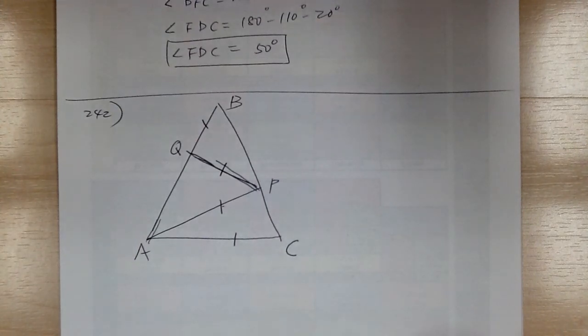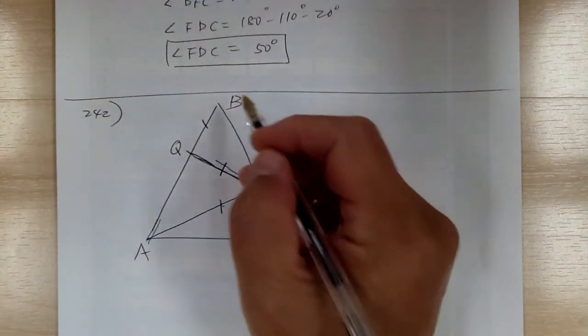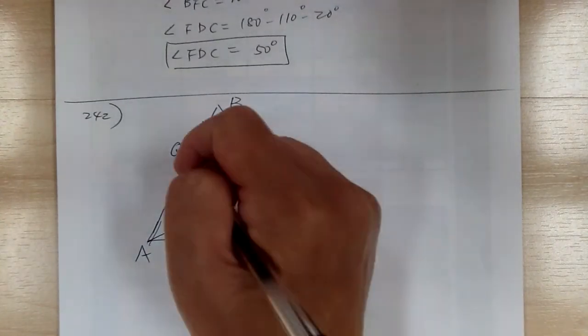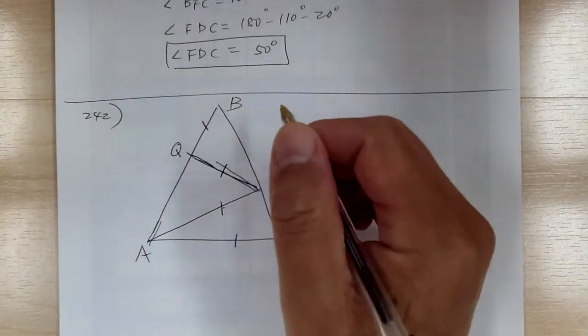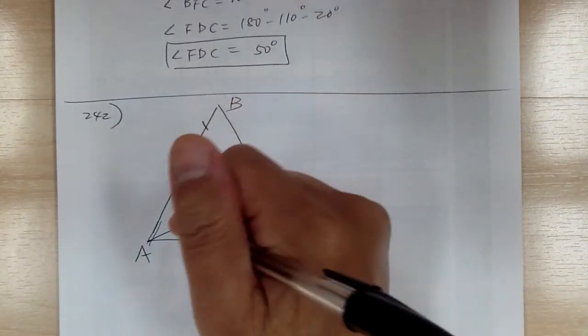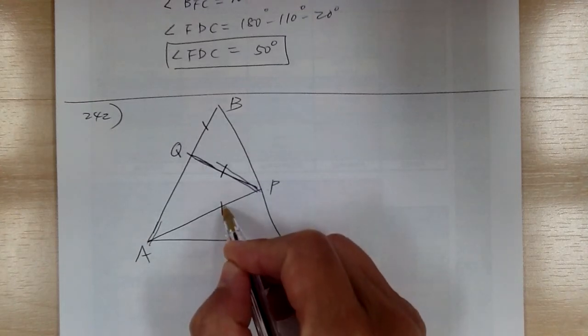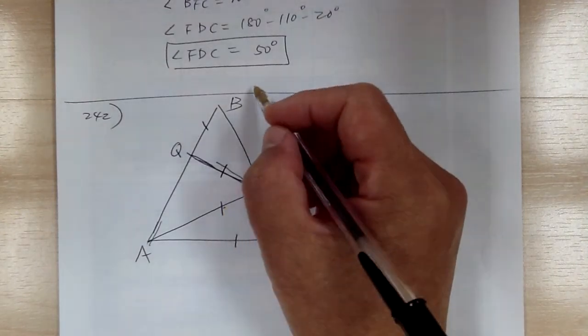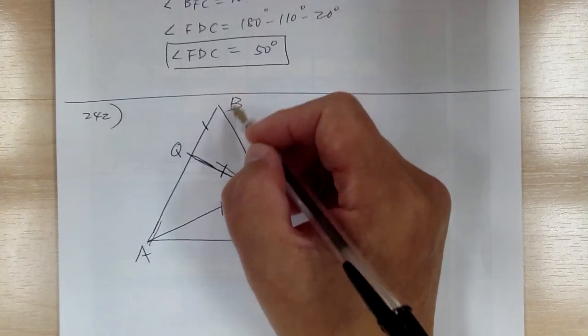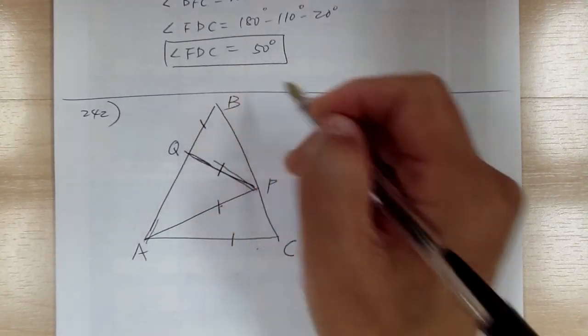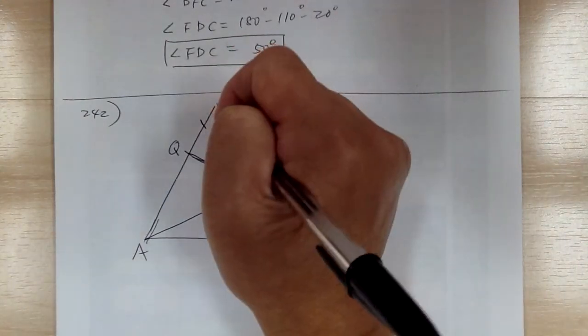Triangle ABC is isosceles with the base AC. Points P and Q are respectively on CB and AB, such that AC is congruent to AP, congruent to PQ, congruent to QB. And you're looking for angle B.